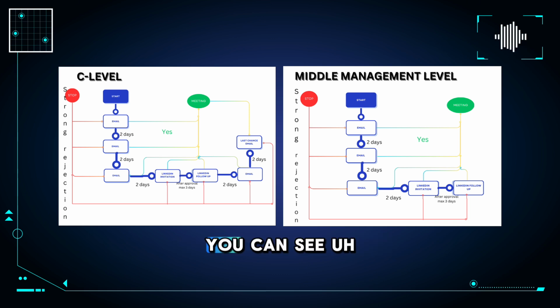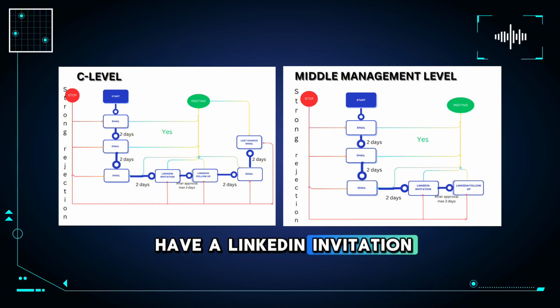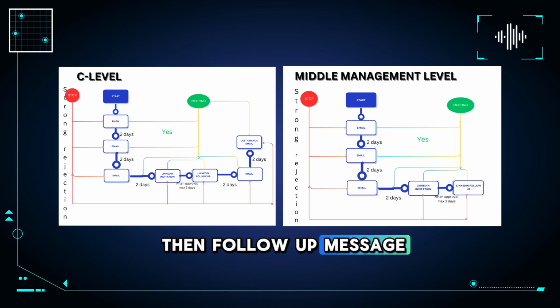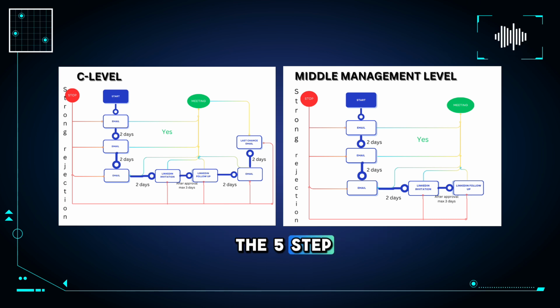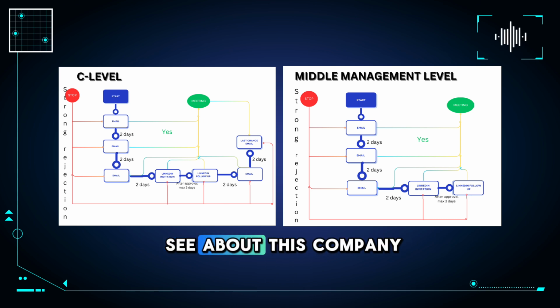And you can see that this is a 1, 2, 3, 4, 5-step campaign. So first is the first email, second email, third email. Then we have a LinkedIn invitation and a follow-up message. Okay, so this is the 5-step. What else can you see about this campaign?